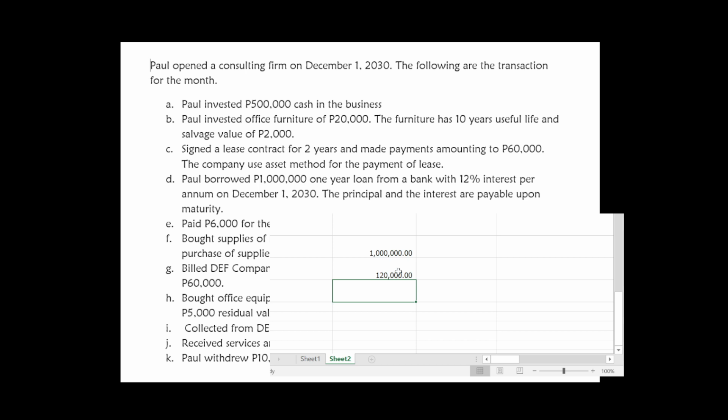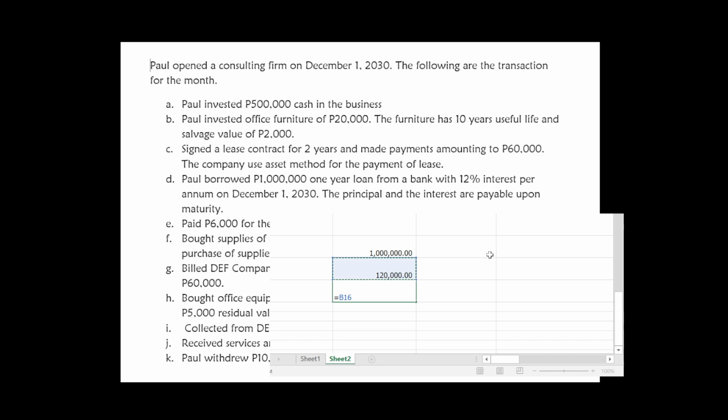So, ibig sabihin, 120,000 yung interest payable natin at the end of 1 year. So, yung question sa atin, at the end of December 31. So, that is 1 month. So, since itong 120,000 natin is good for 12 months, divide lang natin itong 120,000.